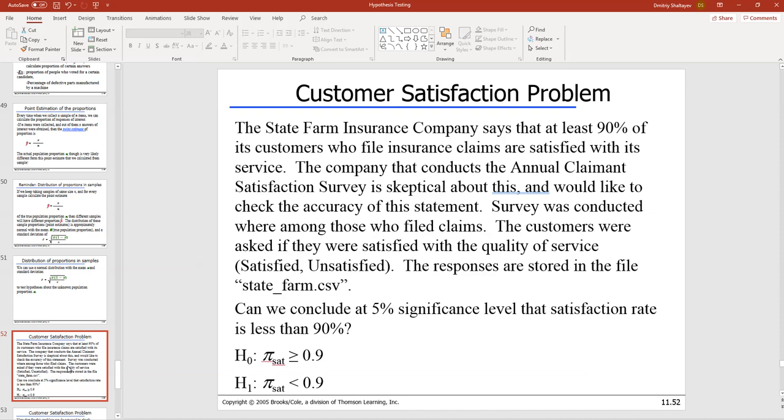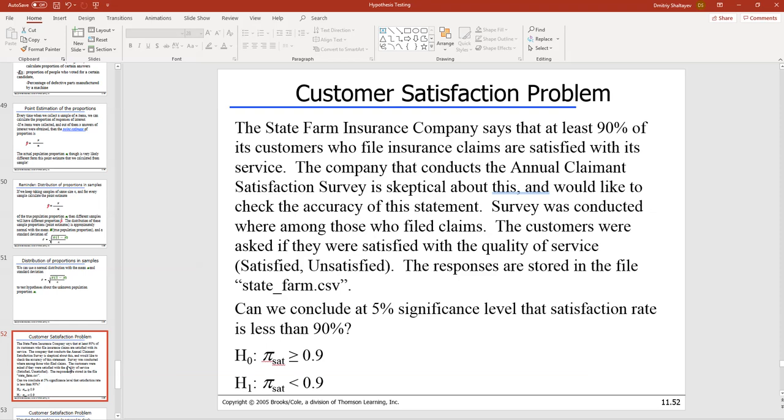And the last form, null is equal to a number, alternative not equal to a number. So null and alternative are always opposite of one another, and if you put them together, you get 100% of all possibilities. Guess what? Exactly the same three forms of hypothesis testing apply for the cases with proportions.